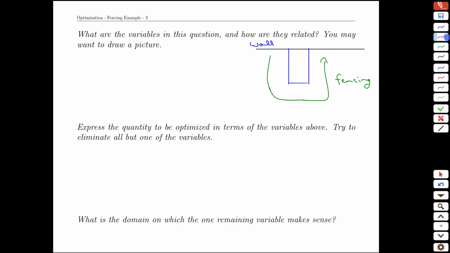So what we could do is define variables. Because it's drawn as a vertical stretch here, let's call that h for height, and this part here w for width, the left to right distance in this diagram. Now those two are not directly related to each other except to say we know that the total fence length is going to equal 120 meters.